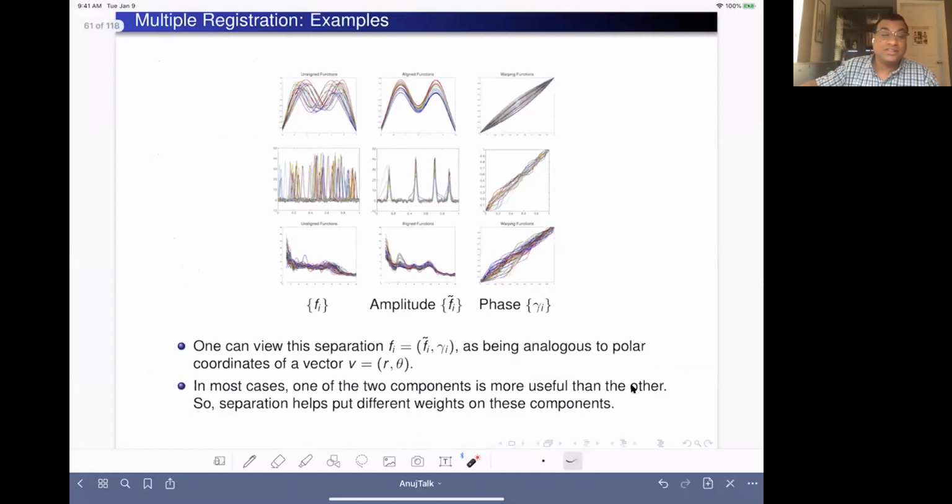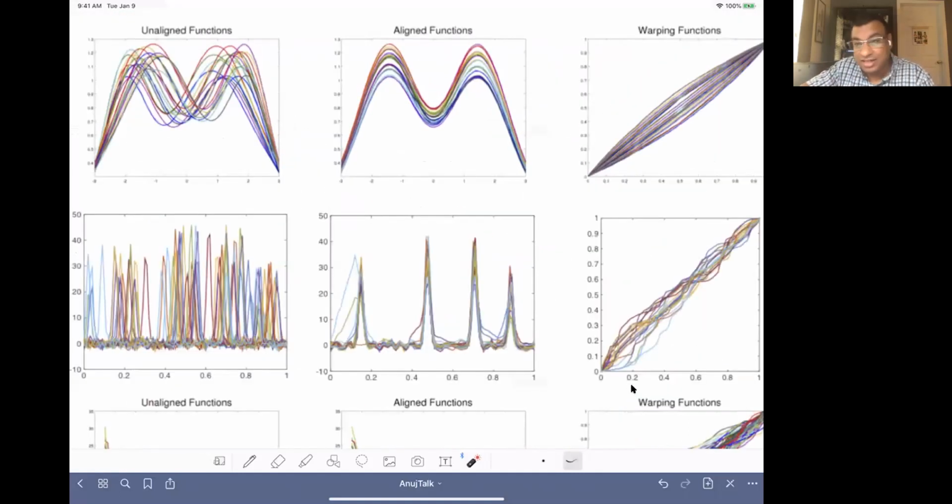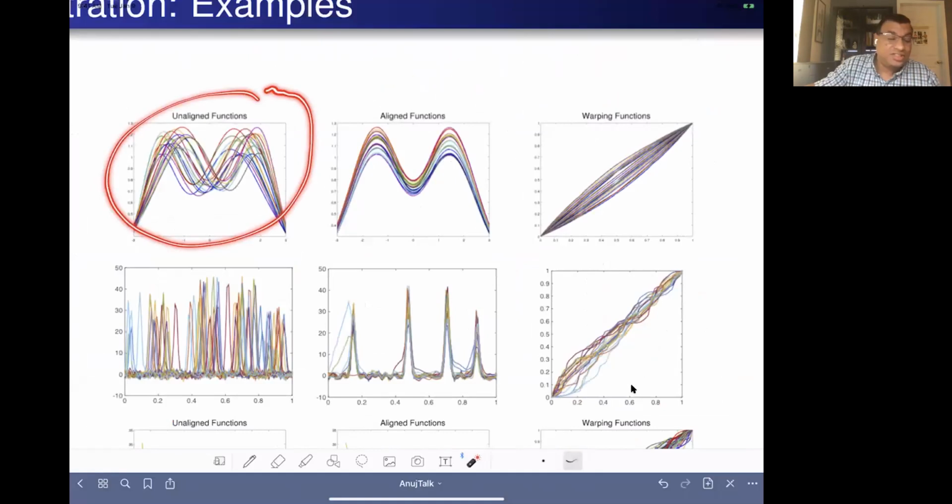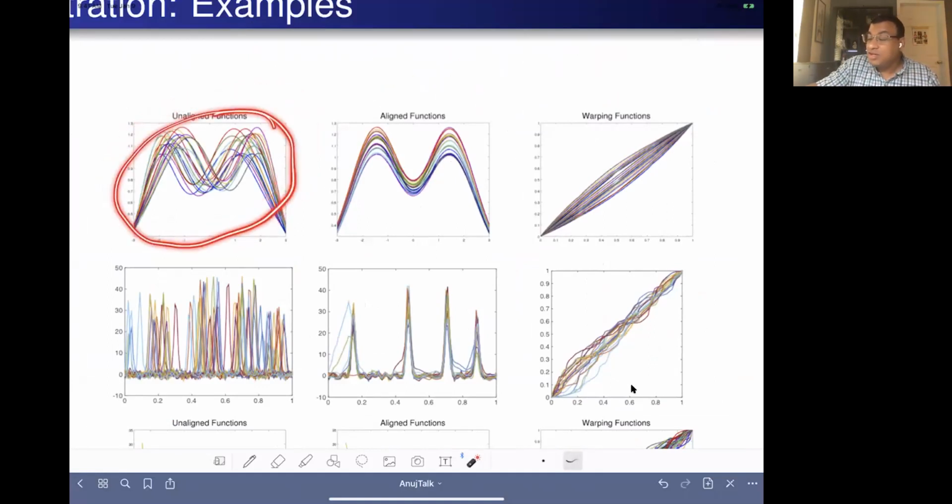Again, these are pictures. I'll show you these things running live. This is the input to the code: a number of functions. In fact, this particular set of functions comes from one of Jim Ramsay's JASA papers. Ramsay and Li model this data and try to align it in different ways using the penalized L2 metrics that I mentioned, and they don't quite succeed.